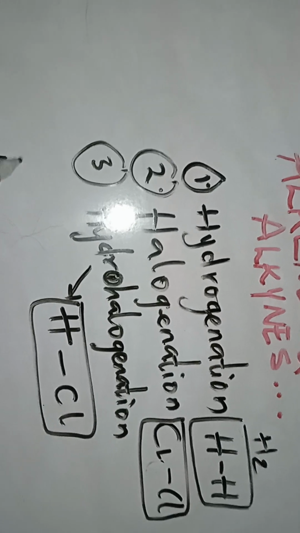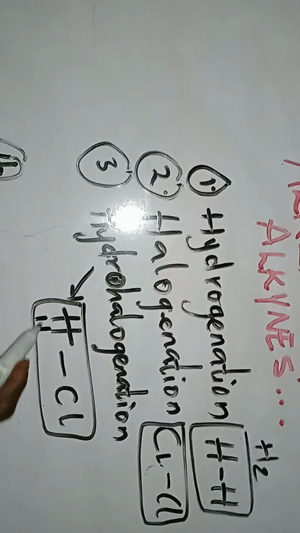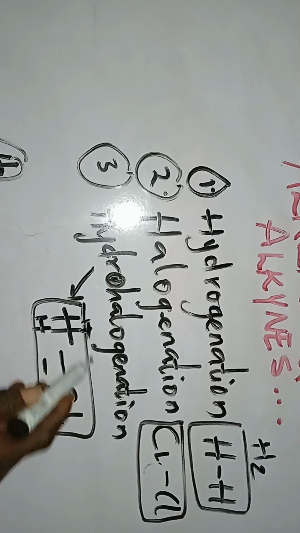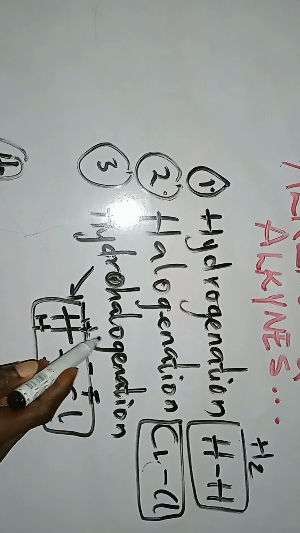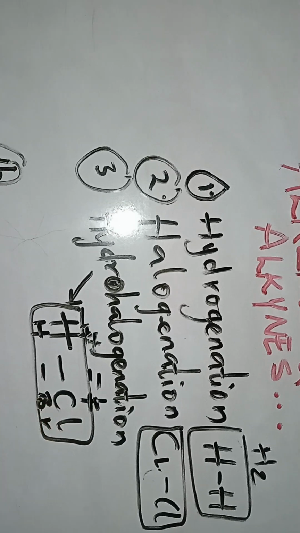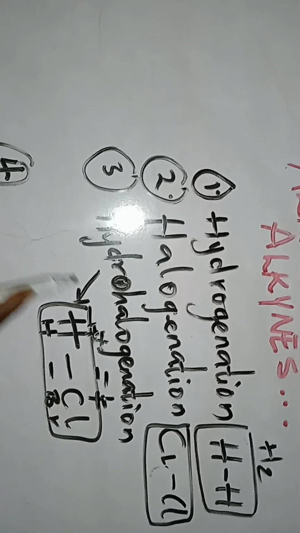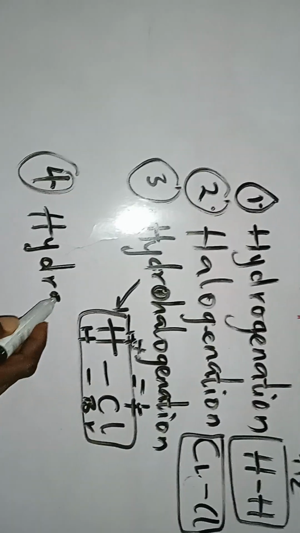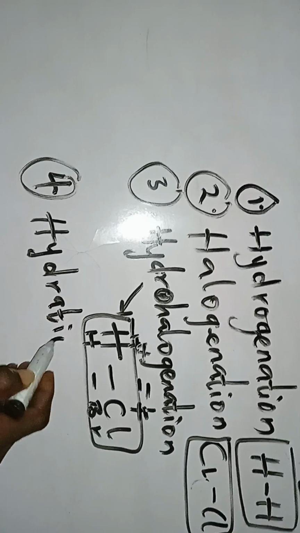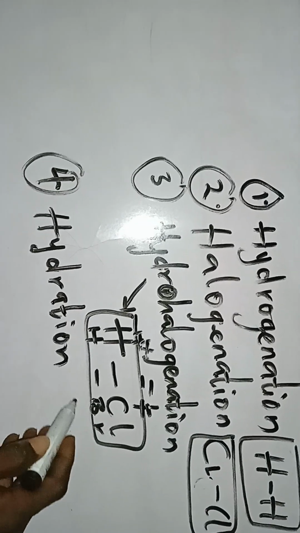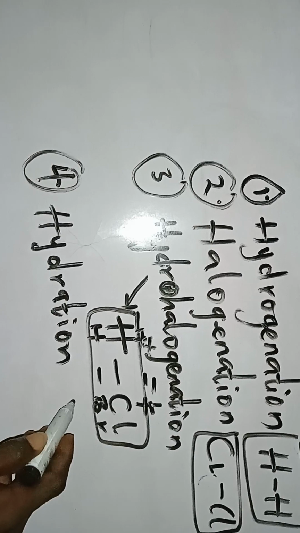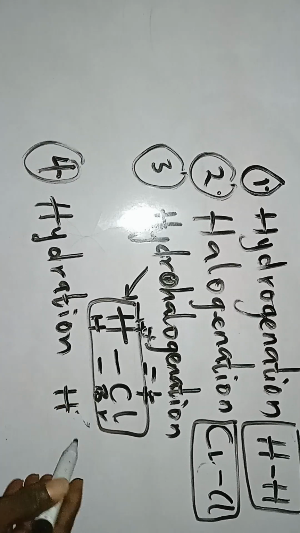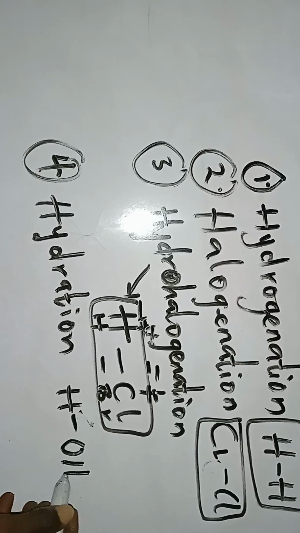It can be chlorine, it can be bromine, it can be fluorine, it can be iodine. But whenever you're adding halogens and hydrogens, it's called hydrohalogenation. Then the 4th one is called hydration. And in hydration, it means adding of water. I don't want you to think of it as water, think of it as adding of hydrogen and OH.